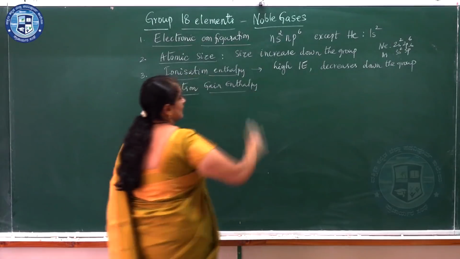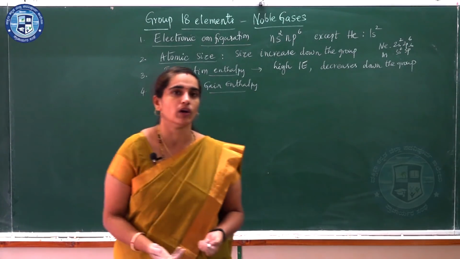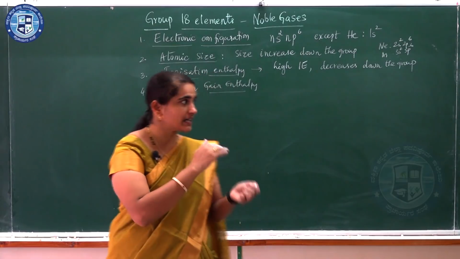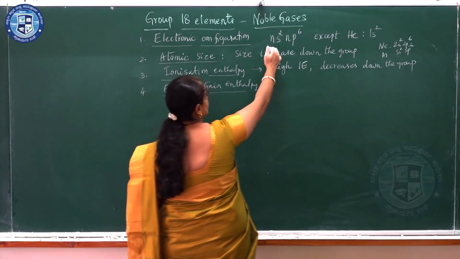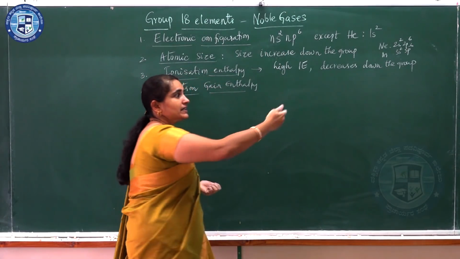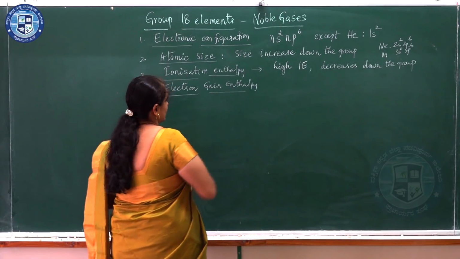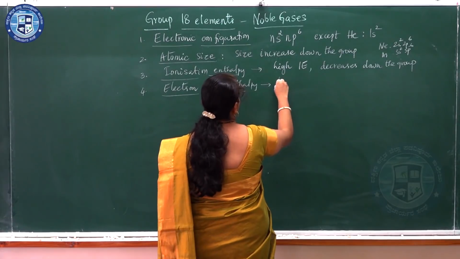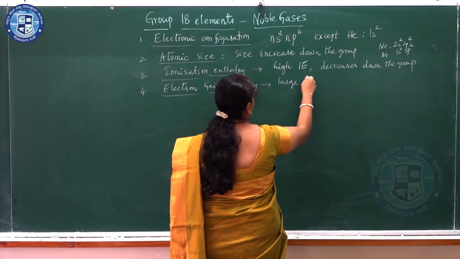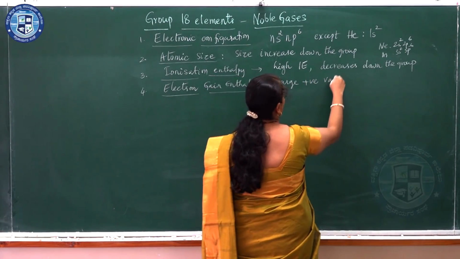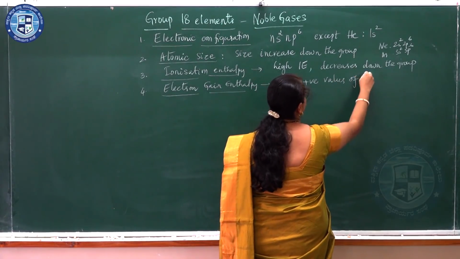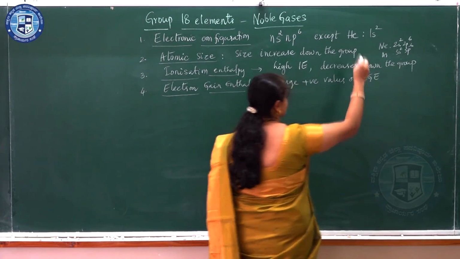If you add an electron to this, where will the electron go? The shell is already complete. So in that case, the electron should enter into the new shell, which requires higher energy, and hence they have large positive values of electron gain enthalpy.